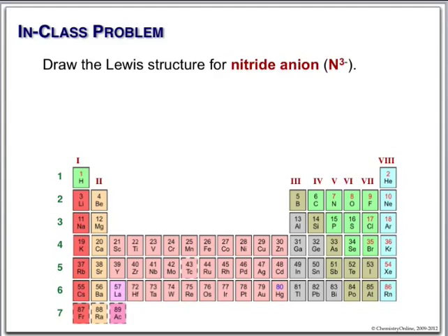Nitride. Nitrogen is here in group 5. Go ahead and draw the Lewis structure for nitrogen, and then make it nitride trianion.